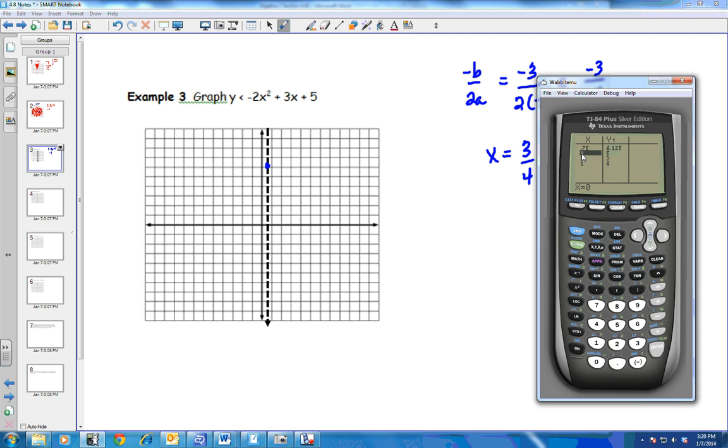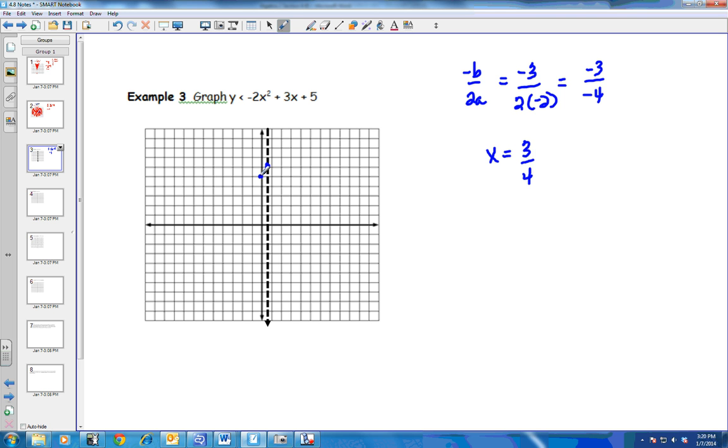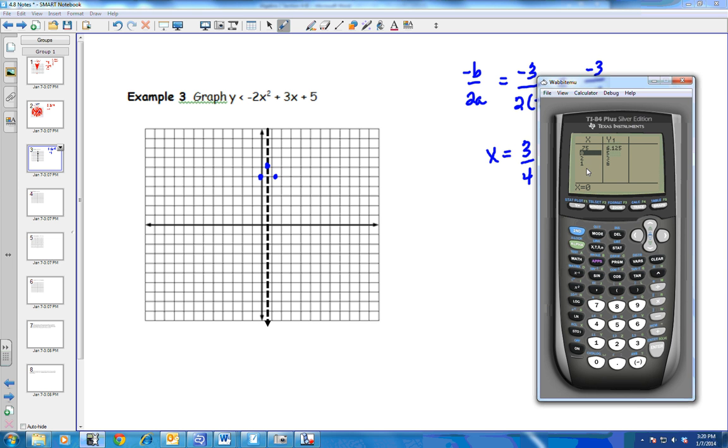All right, so let's find a few more points. This says when x is 0, I'm at 5. So if I have that point, I have the same point over on the other side. So do you see how I'm not quite over 1? So it's going to be somewhere around here, the same distance. And let's type in another number. When x is 2, my y value is 3. So I have the point 2, 3.